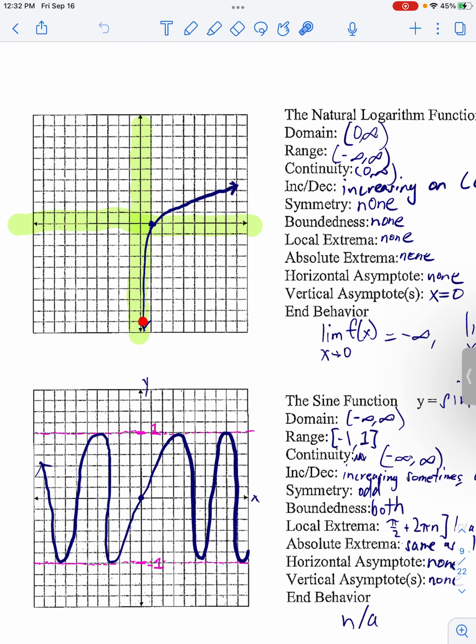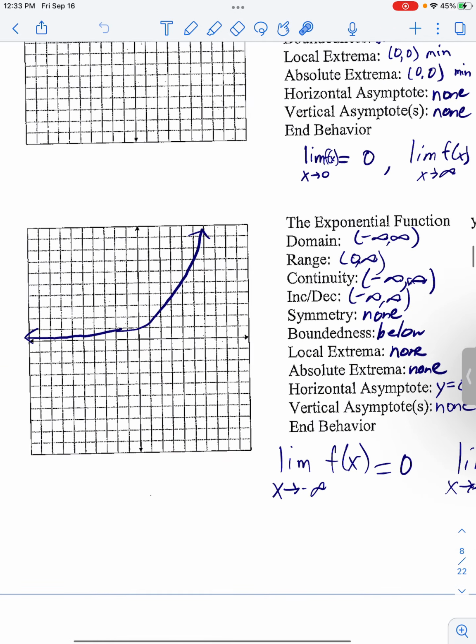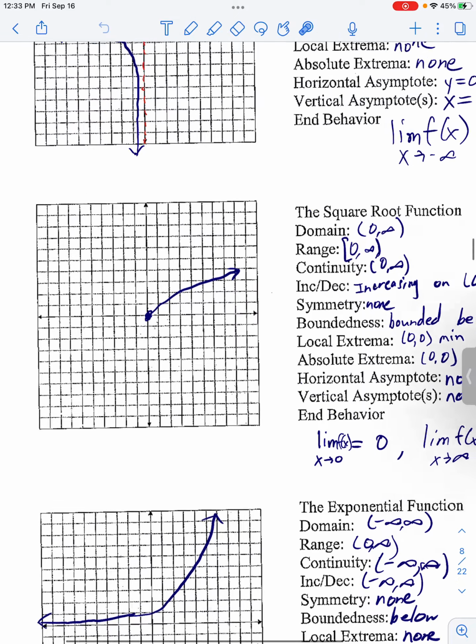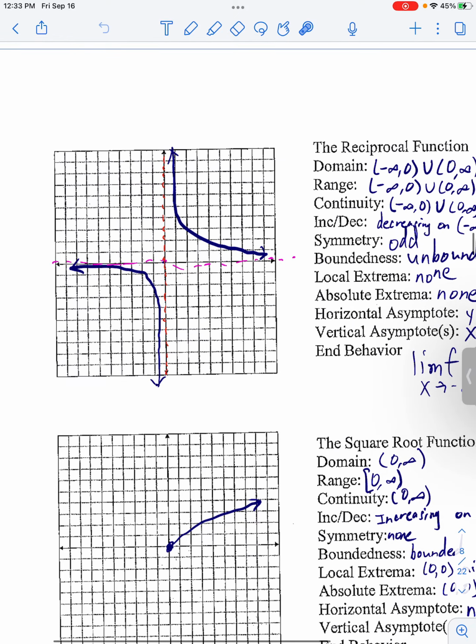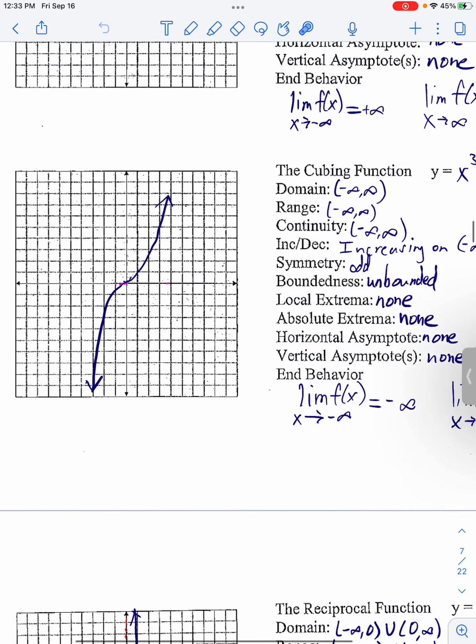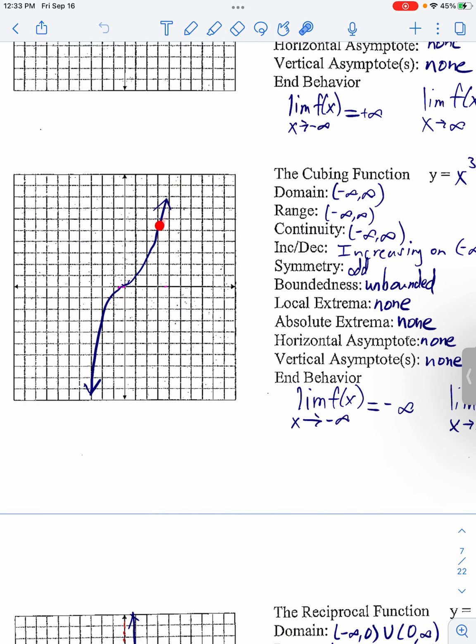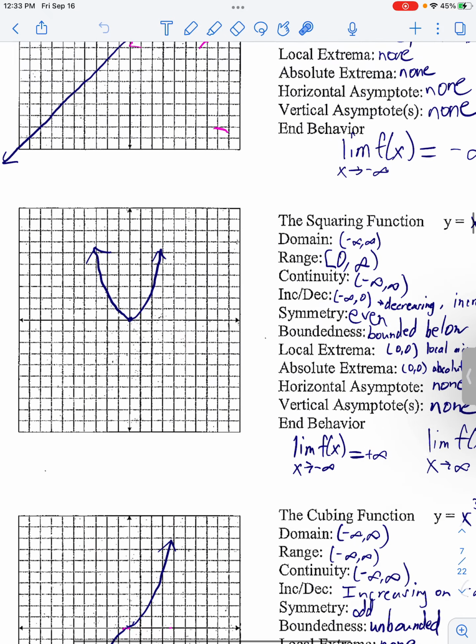It goes to negative infinity. As we go closer to 0, goes to positive infinity as x goes to positive infinity. Okay, no discontinuity, so the range is everything. No, it's bounded, bounded. This almost has a range of all real numbers, but y equals 0 is omitted. This has a range of all real numbers, right? It goes up and down forever.